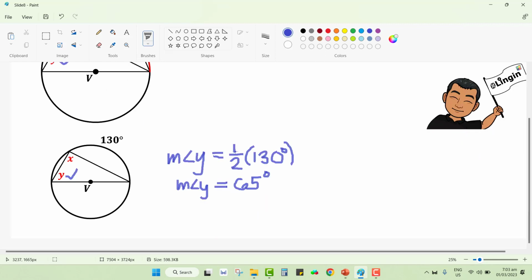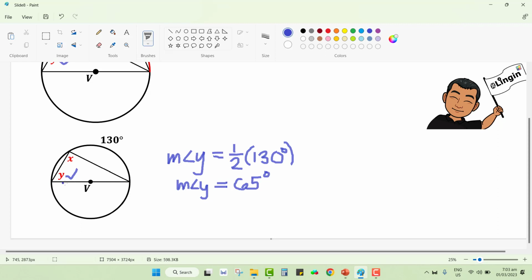The next one that we could solve is the variable x. It's also an inscribed angle. So what we need to identify right now is the measurement of its intercepted arc here. Though it's not given, we are guided by this chord here that passes through the center. And it's actually the longest chord of any circle, which we call the diameter.